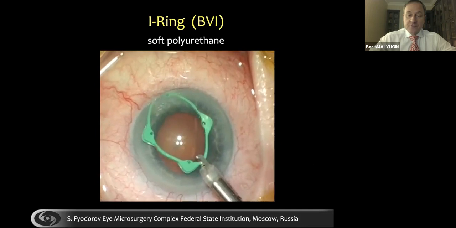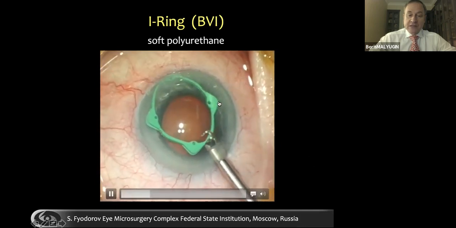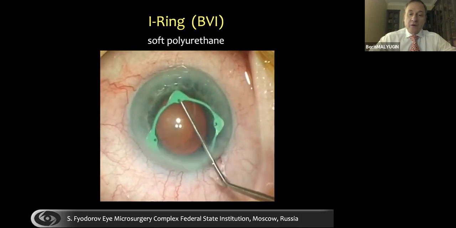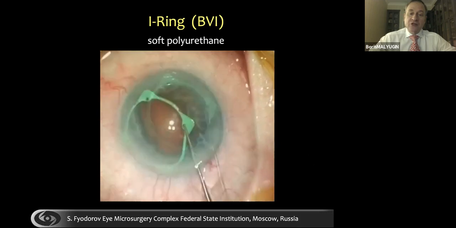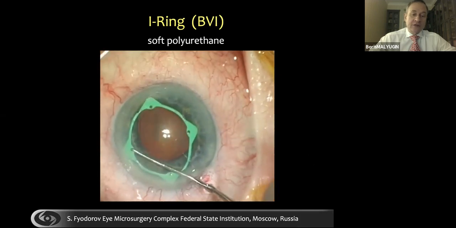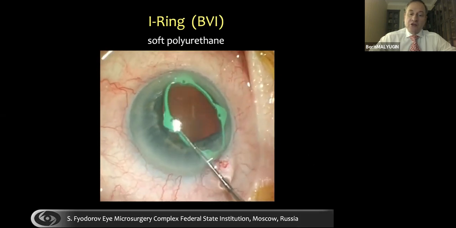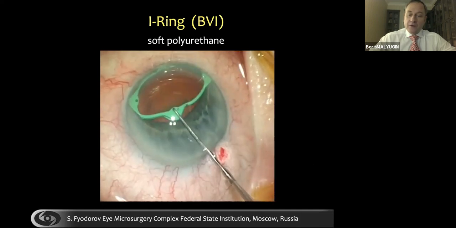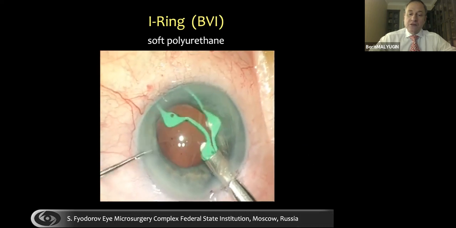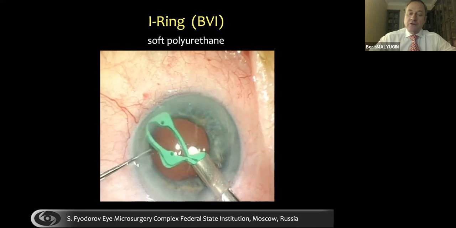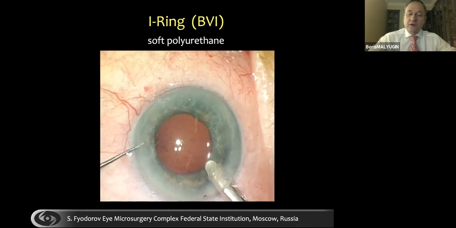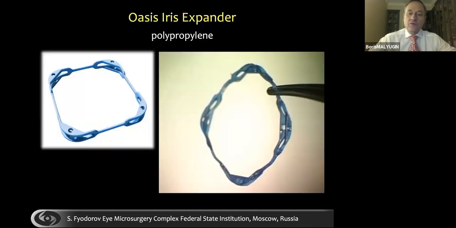So this is another device made of soft polyurethane, and again, it can be used with an injection system, and these are triangular side port elements, the triangular corner elements that are used to engage with the iris tissue, having special holes, and you can utilize a synechiolysis hook in order to catch the iris with the corner elements, and actually you can use the same injector device in order to remove the ring from the eye.